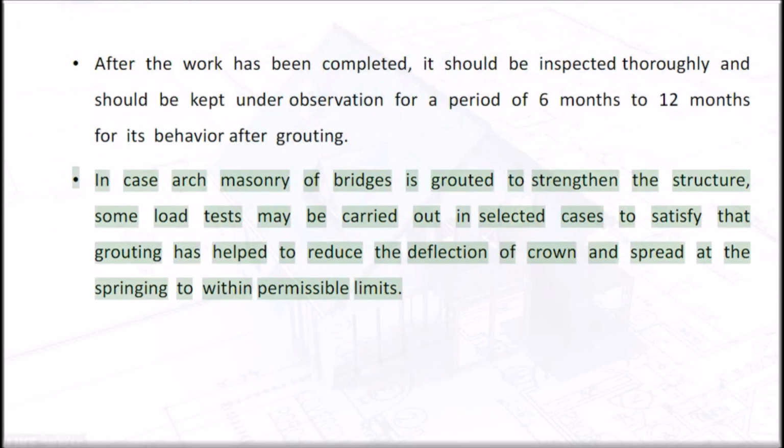In case arch masonry of bridges is grouted to strengthen the structure, some load tests may be carried out in selected cases to satisfy that grouting has helped to reduce the deflection of the crown and spread at the springing to within permissible limits.